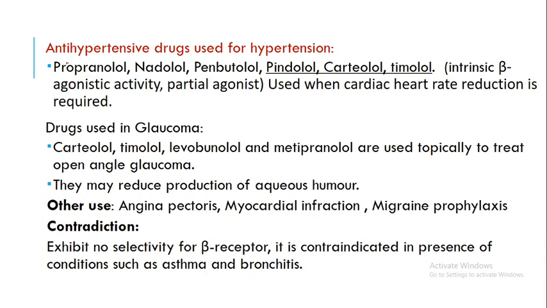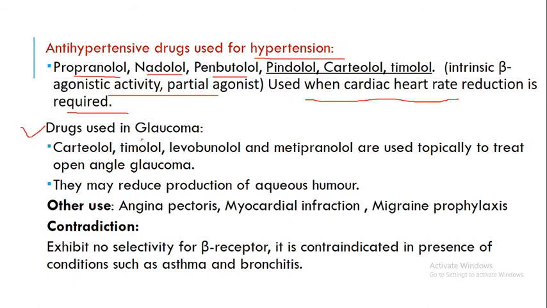These are some beta blockers which act as antihypertensive drugs for hypertension: propranolol, nadolol, penbutolol, pindolol, carteolol and timolol. Some have intrinsic beta agonist activity and partial agonist activity, used when cardiac heart rate reduction is required.